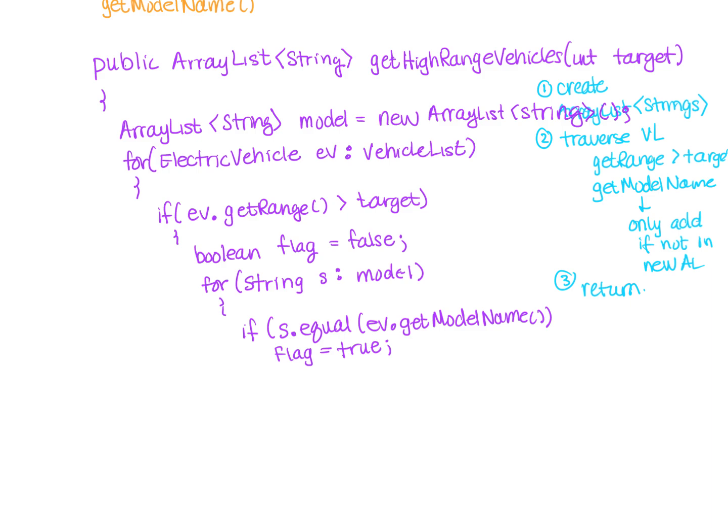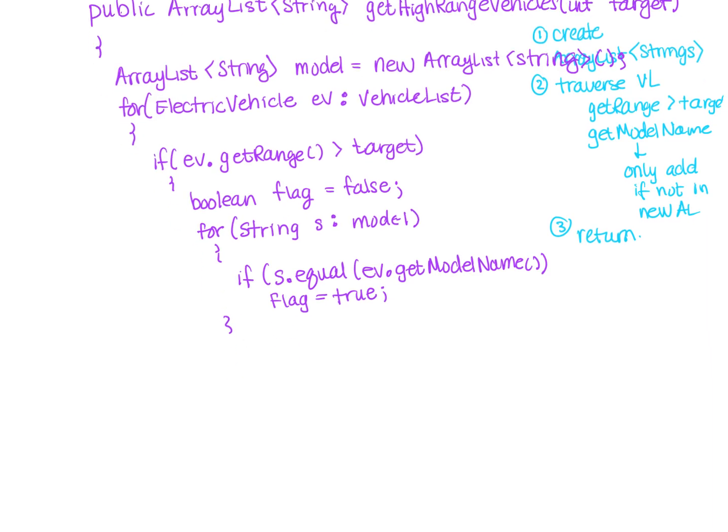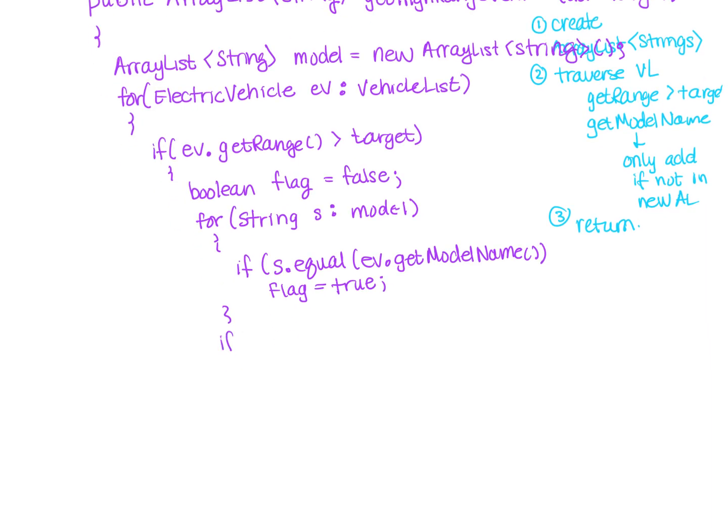After the for loop looking for the strings, we're going to check the flag. If we didn't find it, so if not found, then we're going to add it.